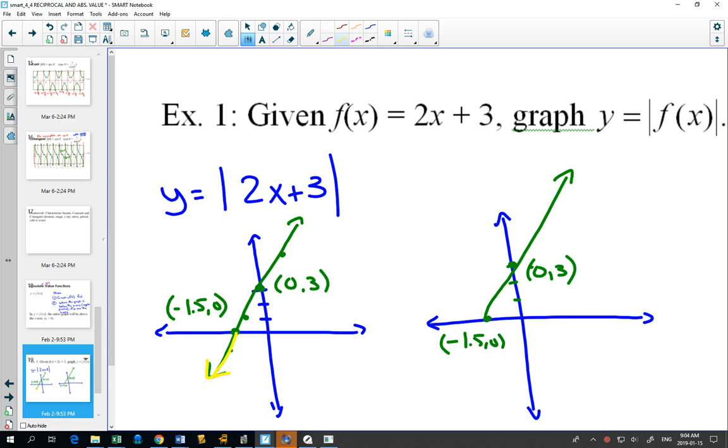And that yellow section where it was negative gets flipped up over the x-axis. And if you wanted to, you could take a point like negative 2, negative 1, and say my y value is going to become positive. So now I have negative 2, positive 1. So we can take specific points and change the y values to be positive, or we can just flip that section up over.